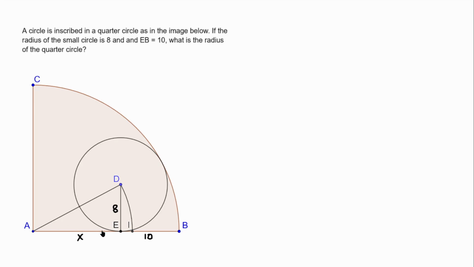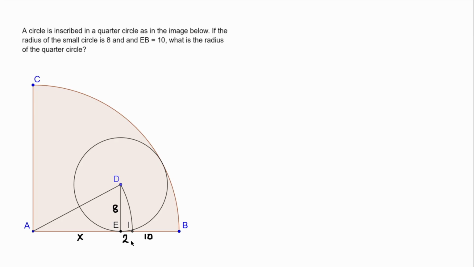And now the question is, what good is this anyway? What can we do with this that we couldn't before? Well, I will make the following claim, that the distance from I to B is equal to 8, which means that the distance from E to I is actually equal to 2.